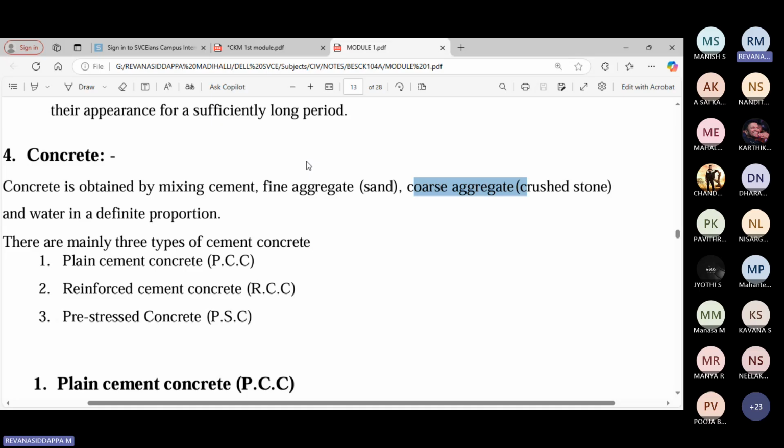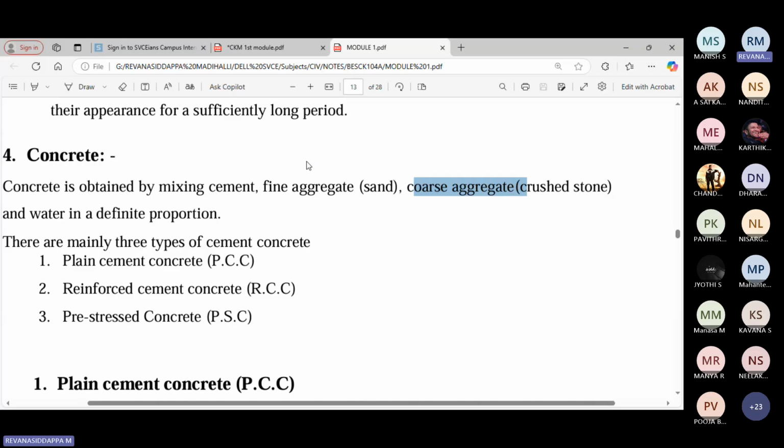I think you people have heard this name, RCC, whose full form is reinforced cement concrete. Then the third one is pre-stressed concrete. I'll be discussing in detail all these types of concrete.